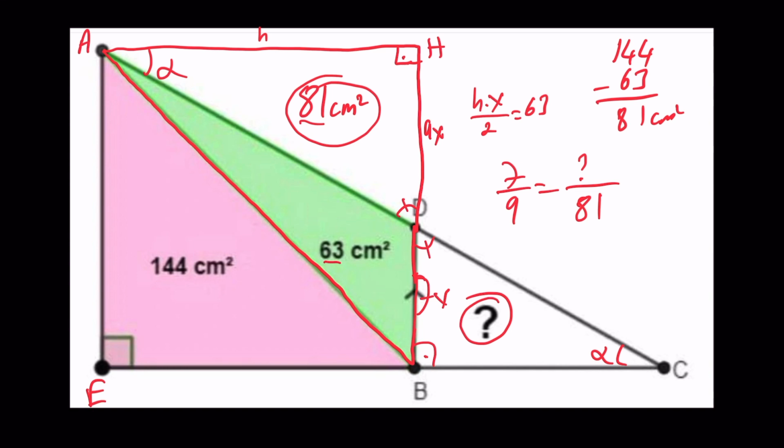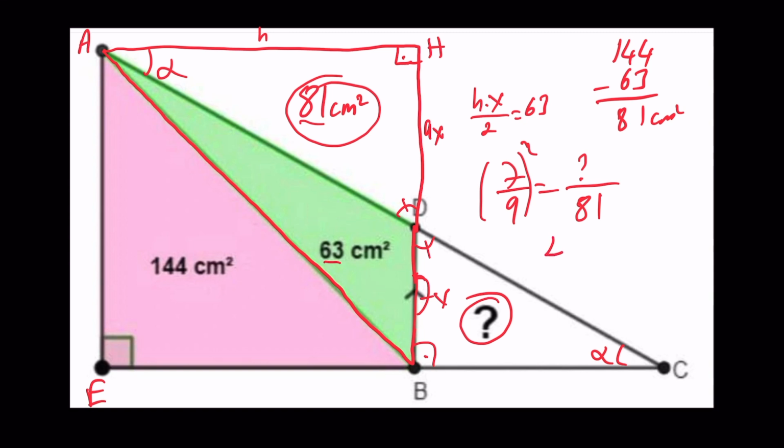That in the similarity of triangles, their area will be the square of their proportions. There's such a rule that if they're similar triangles, the areas of these two triangles will be the square of their proportions.